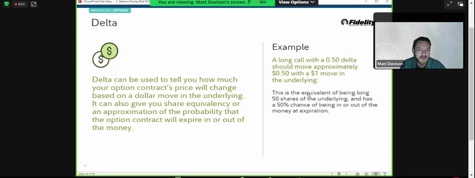Well, the delta is one way to measure that. If we have a 50 delta, this is telling us that we're approximately putting on a 50 share position. Now, that's dynamic. That's a snapshot at that moment in time. As the underlying price moves, as time moves, as volatility changes, all of that is going to change dynamically. But at that moment in time, it's like putting on 50 shares.